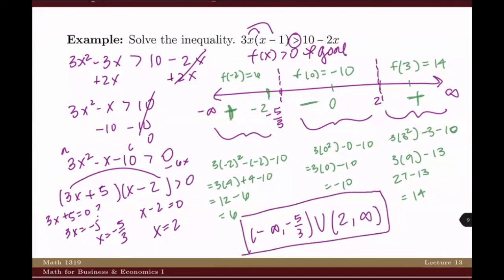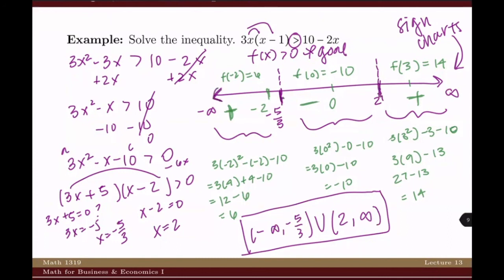So I like to call these little number line things we're making sign charts. So basically you make your sign chart and you plug in values in between the borderline numbers and either infinity, negative infinity, or each other.